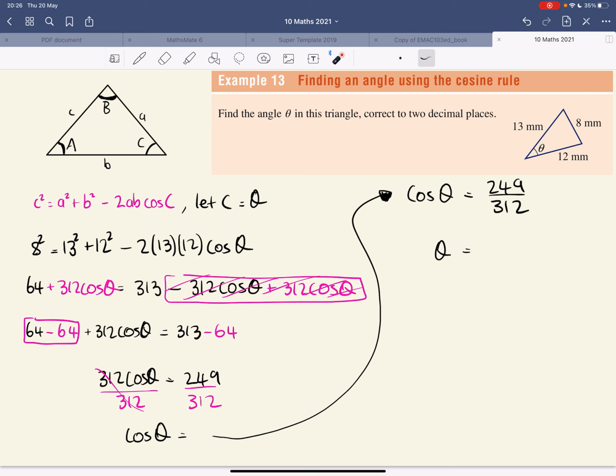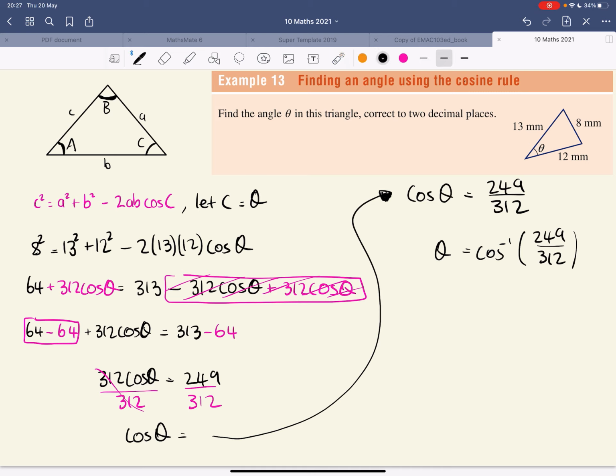The way that we write it, and I'm sure that you can recall this, looks like cosine to the power of -1, but it's the inverse of cosine of that ratio. So 249 over 312. And so hopefully you can realize we don't round here. We try and keep the values as a ratio rather than writing as decimal, because we retain all the value.